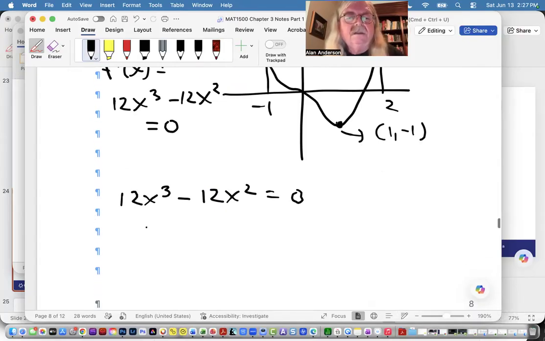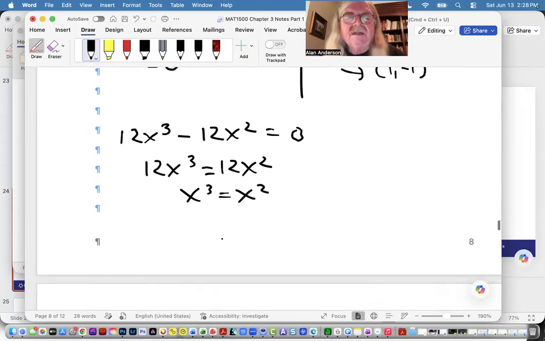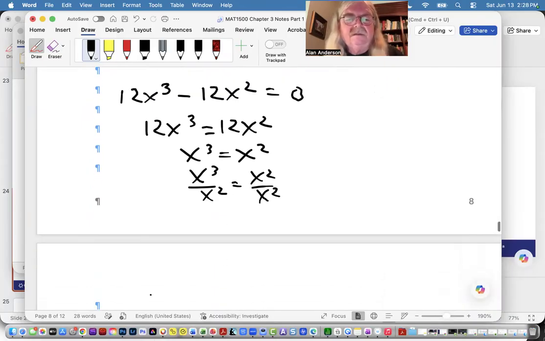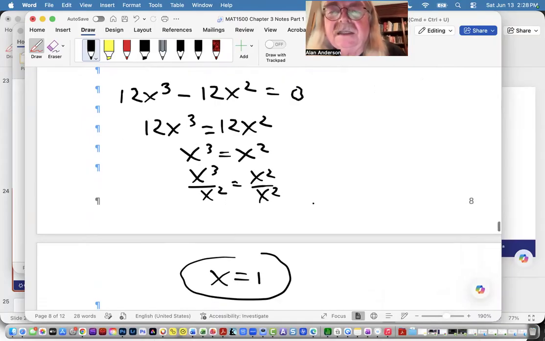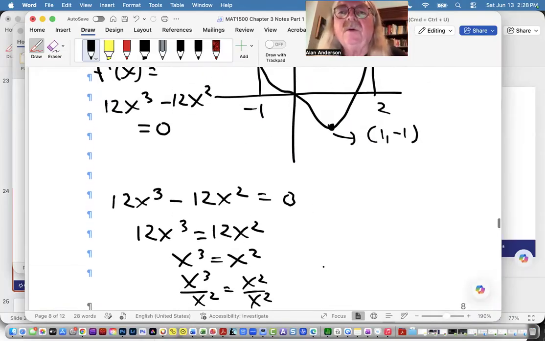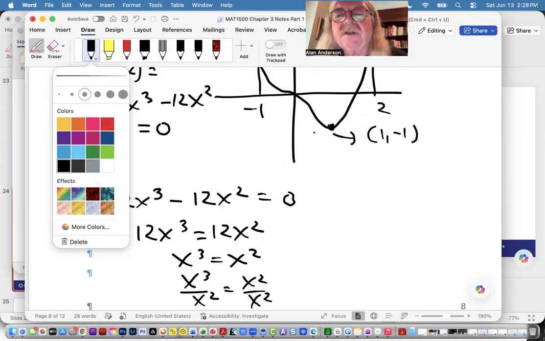So divide out the 12s. Then we'll divide out both sides by x squared. X equals 1. Beautiful. And that's it. That's the only point where this is happening. There's only one point in this interval where the tangent line is horizontal.